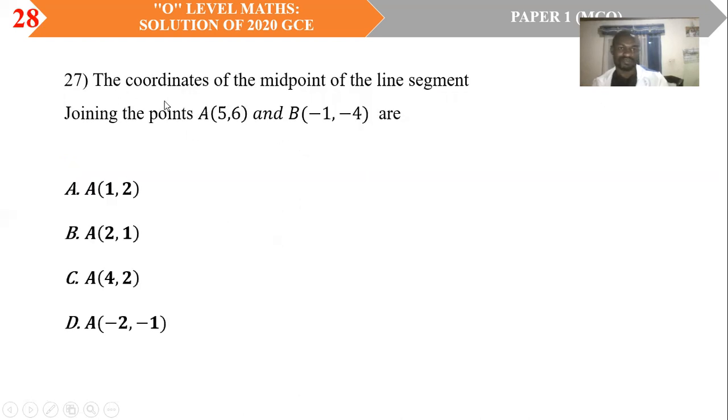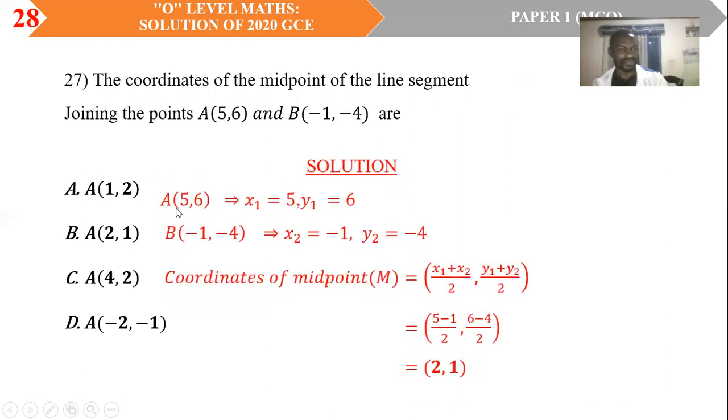Question 27. The coordinates of the midpoint of the line segment joining the points A(5, 6) and B(-1, -4) are... Solution. The point A(5, 6) implies the x coordinate is 5 and the y coordinate is 6. The point B(-1, -4) gives x2 as -1 and y2 as -4.